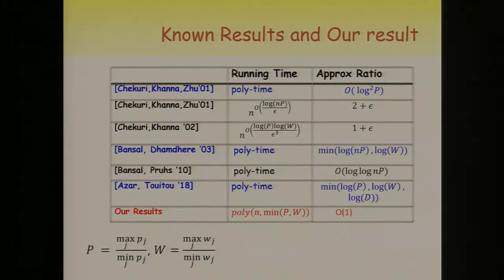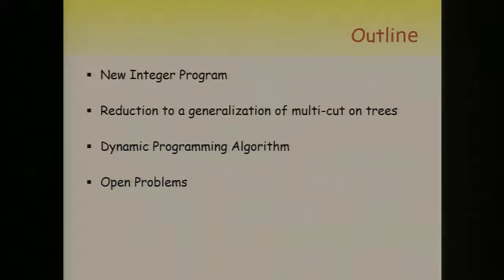So here's the plan for the rest of the talk. I will describe what is called an integer program. This is a standard tool which people use in approximation algorithms: they start with an optimization problem and they specify an integer program for it. An integer program is essentially like a linear program, but all your variables are supposed to be either 0 or 1. People have used other integer programs, but we'll introduce a new one.